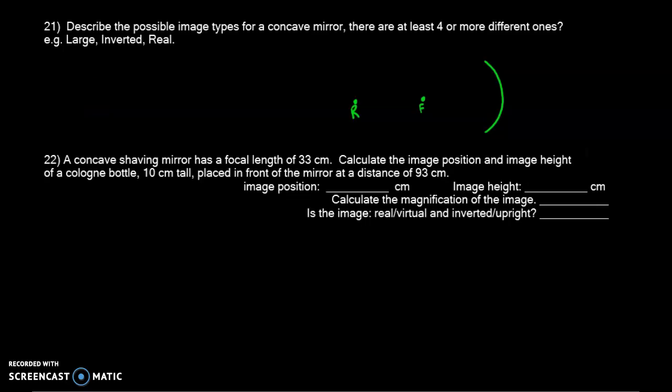So let's say I have an image. One we've been using a lot is a candle. Just for the sake of visualizing, down here I'm going to draw what the object looks like, and up here I'm going to draw what the image looks like.